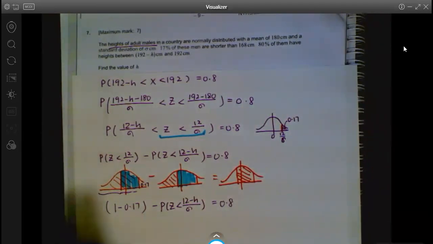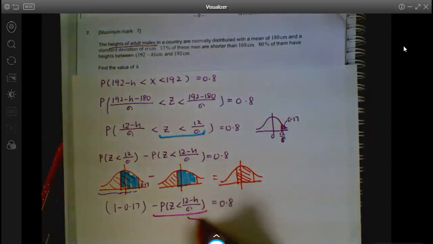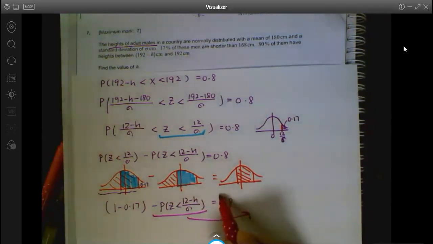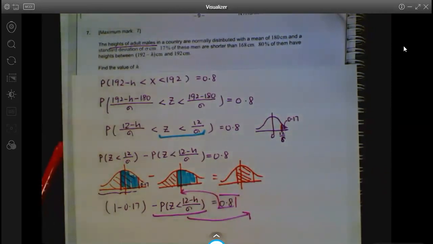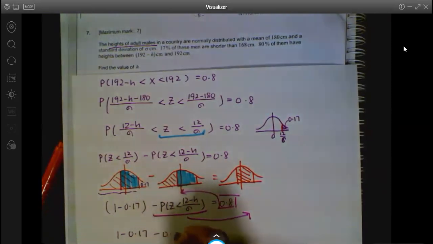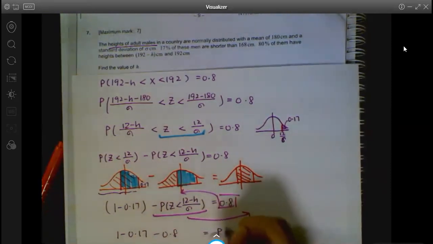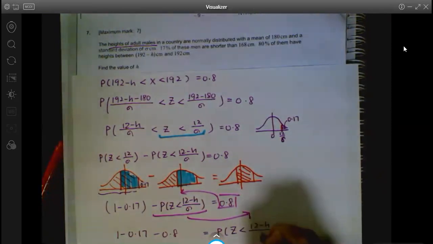Okay, now we're going to have to do some manipulation. I'm going to move the probability to the right hand side, and I'm going to move 0.8 to the left hand side. So I have 1 minus 0.17 minus 0.8 is the probability that z is smaller than 12 minus h over sigma.